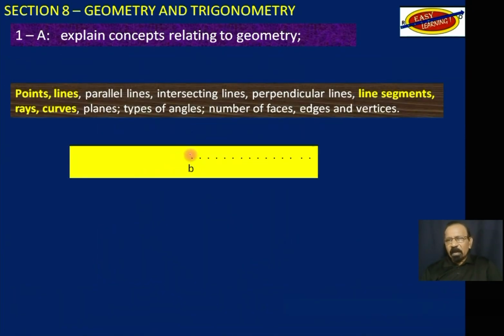Now, let us say we have this point here, and we will call it B, with a whole lot of other points to the right of it. You could see that we are beginning to have something like a line. If we have other points to the left of it, we can see like a dotted line there. Now, what about if we have some more points in between those points?